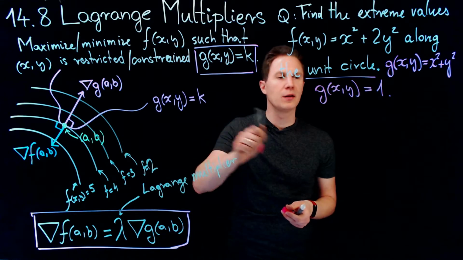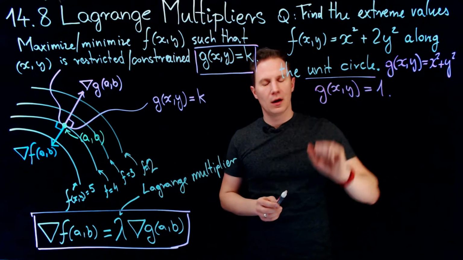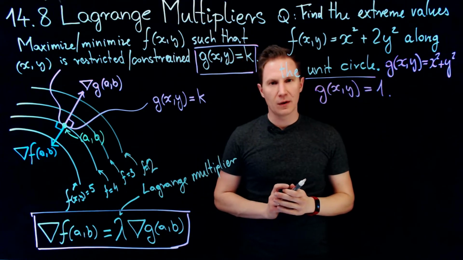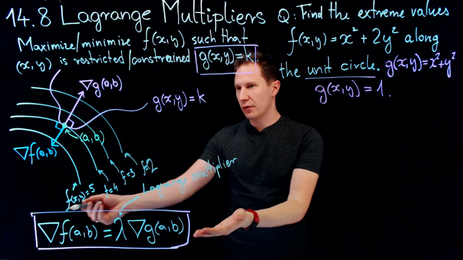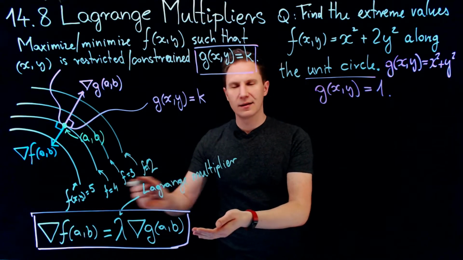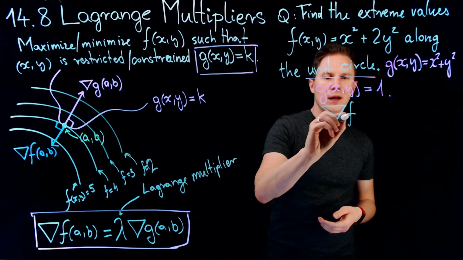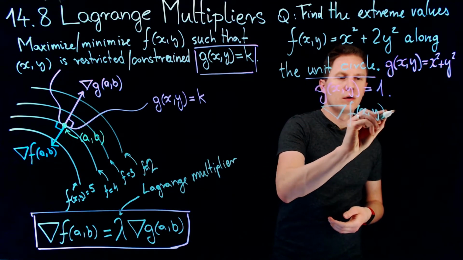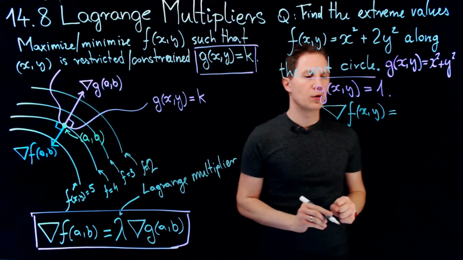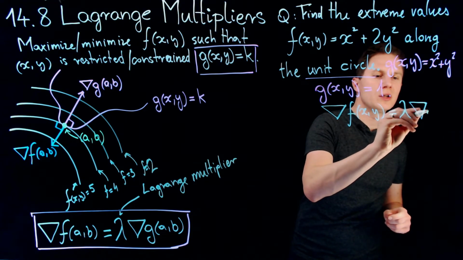So this k value is 1 in this case. What we have to do now is look at this equation connecting the two gradient vectors. So write this equation for the gradient vector of f to be a multiple of the gradient vector of g.